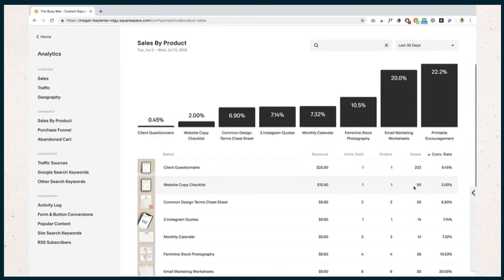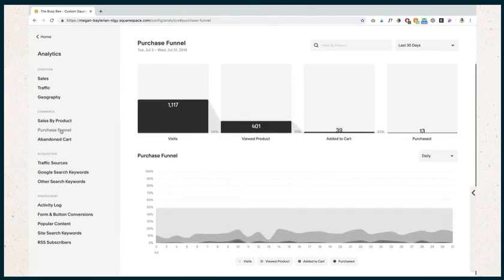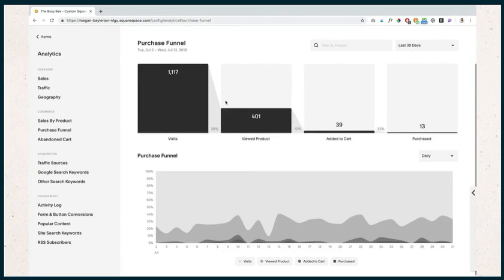One final thing to know is that sales by product statistics are only available on Commerce Basic and Commerce Advanced plans. So moving forward, we want to take a look at the purchase funnel. Again, this is only viewable on Commerce Basic and Commerce Advanced plans, but this is going to show your store's sales funnel and how each stage of the funnel converts, essentially.